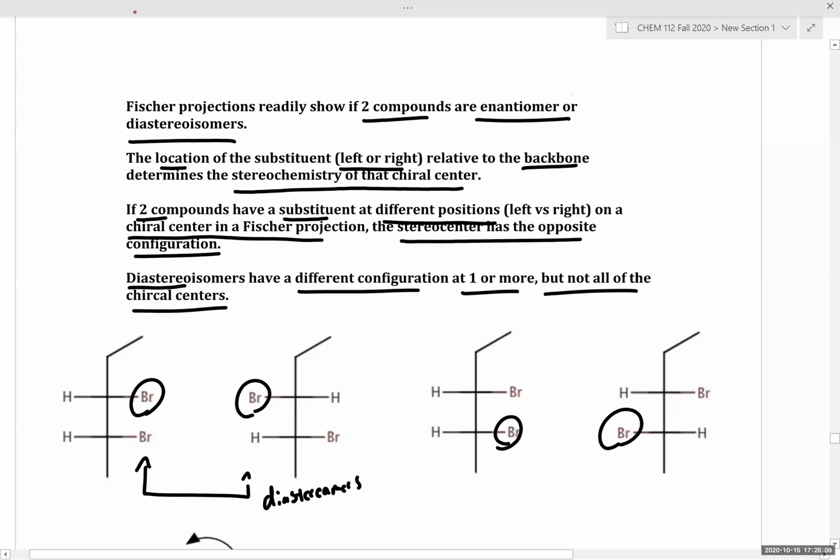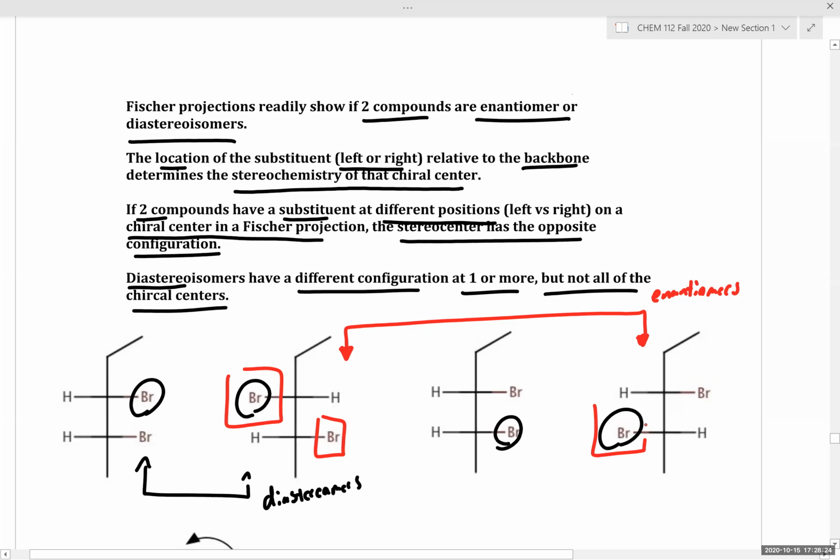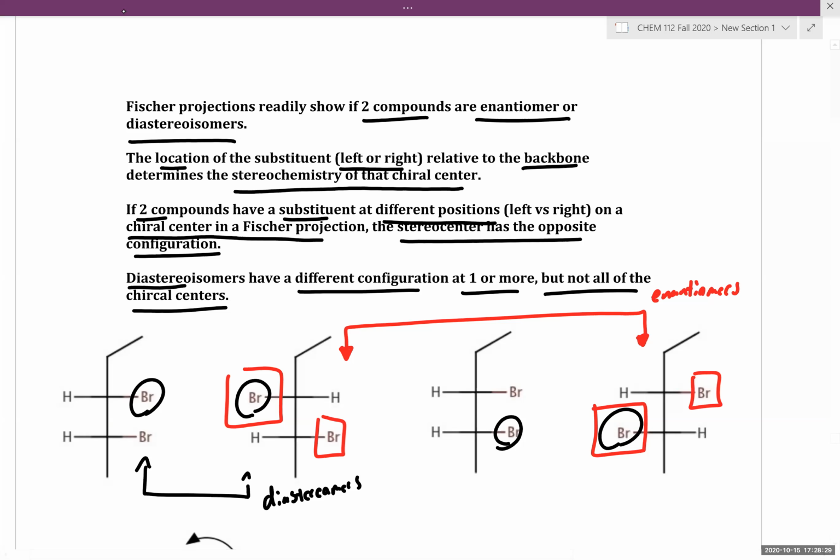Now, just to satisfy any academic curiosity that students may have, it's important to note that we also have a pair of enantiomers among these structures. Because as we notice, these two structures have the opposite configuration at both of our chiral centers.